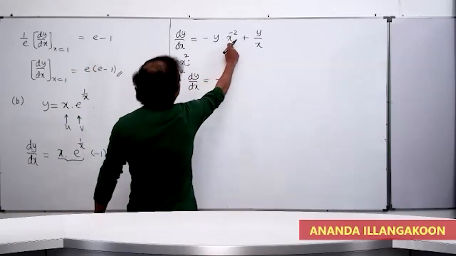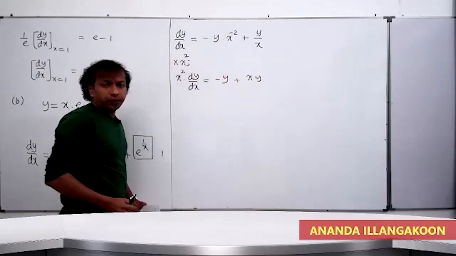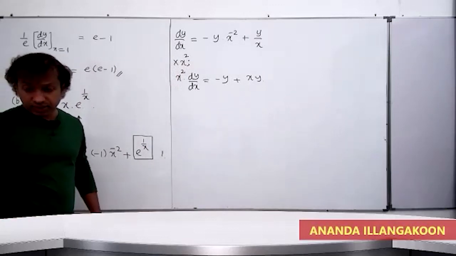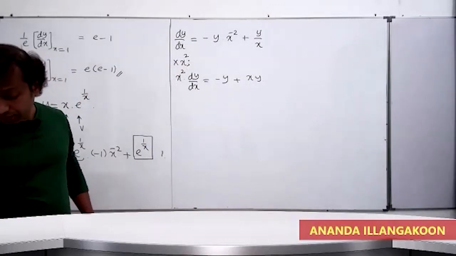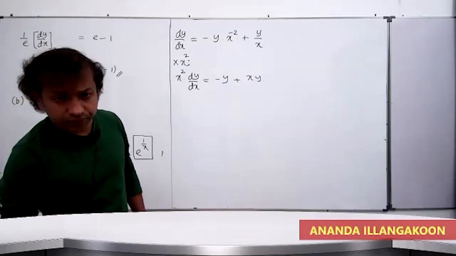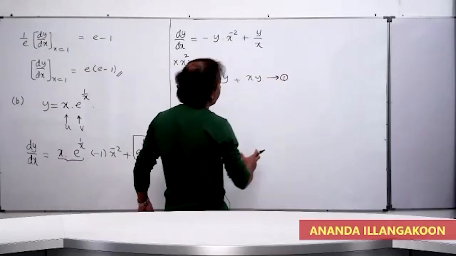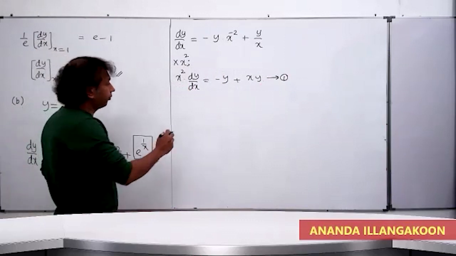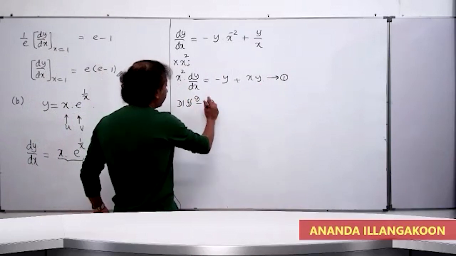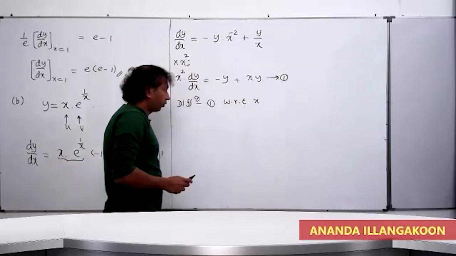Here this x to the power minus 2 and x squared cancel off, giving y. Then here we get xy. Now differentiate this with respect to x again and take the next answer, and then go to part C. Take this as number 1 and differentiate number 1 again with respect to x.